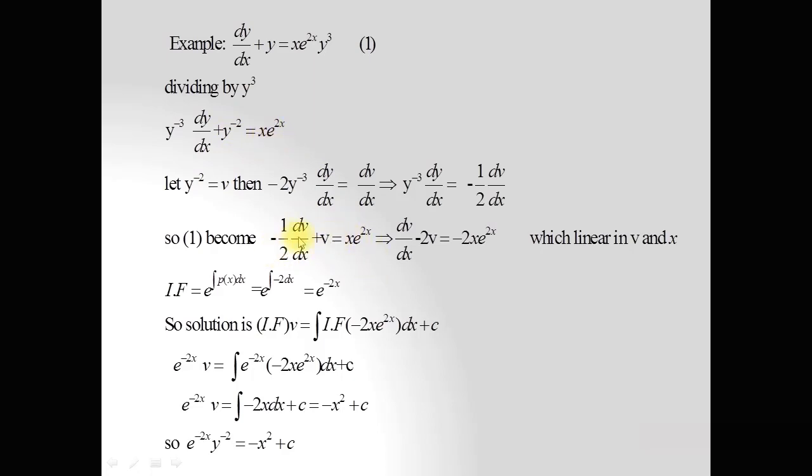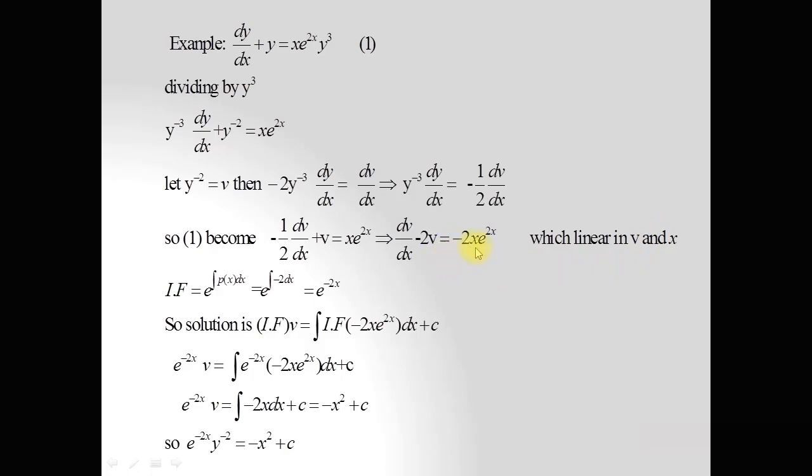Now multiplying this equation by -2 to convert it into the standard form of a linear equation, we have dv/dx - 2v = -2x e^(2x). This equation is linear in the dependent variable v and independent variable x.